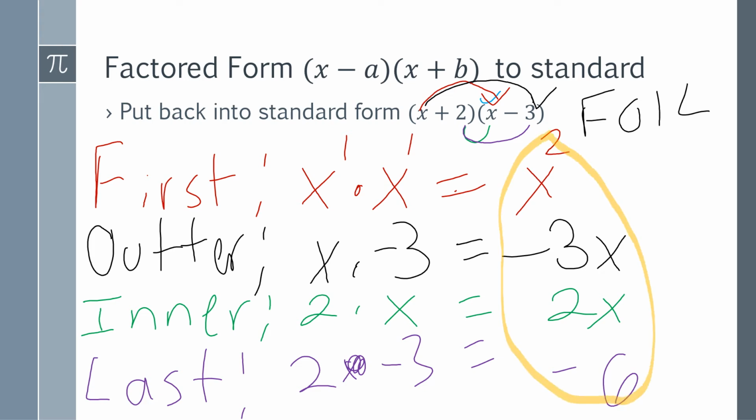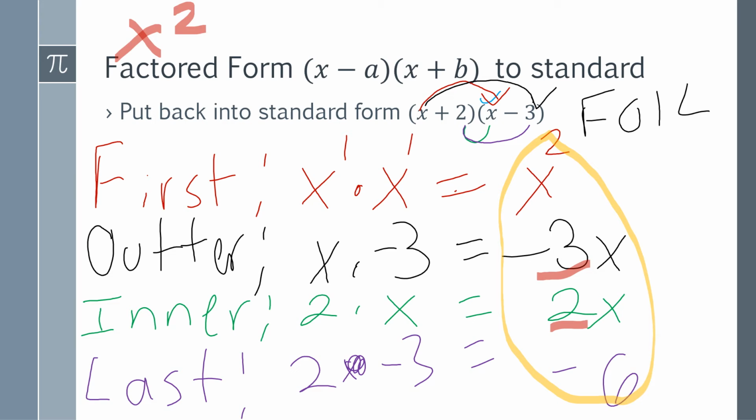Now let's put it together. Now, the first term, you just copy it as is because there's nothing else there to do with it. X to the power of 2. The outer and the inner terms, they got things in common. So you can combine them because they have the same exponent. You could add them together. So add the coefficients. They're the 3 and 2. So if I owe you $3, I paid you 2.